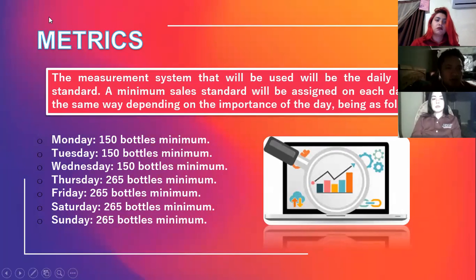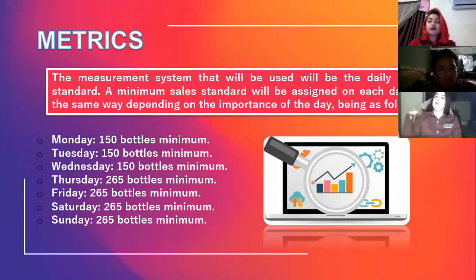Metrics. The measurement system that will be used is the daily sales standard. A minimum sales standard will be assigned to each day depending on the importance of the days, as follows. Mondays, 150 bottles minimum.